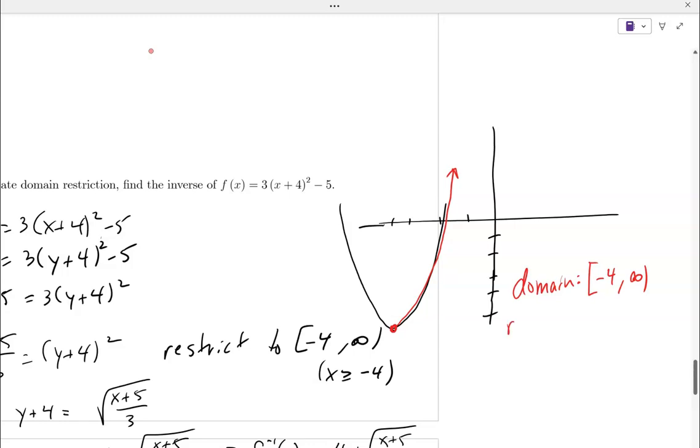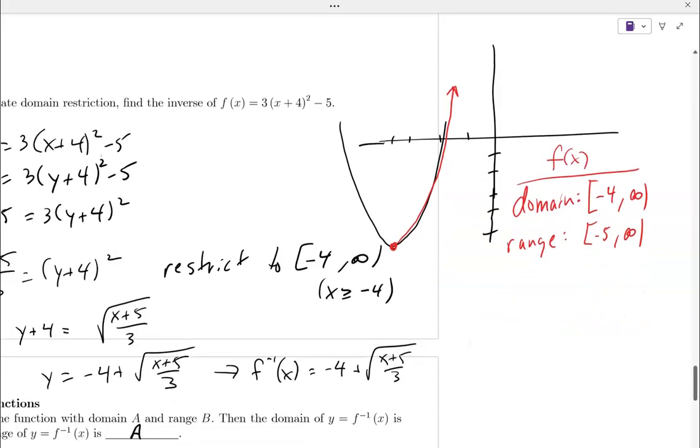What's the range looking at that? We said the bottom went left 4 and down 5. So what's the range going to be? Good, -5 to infinity, right? It bottoms out at -5 and goes up, doesn't it? We found this for the original function, right?